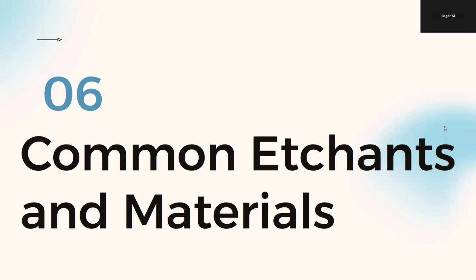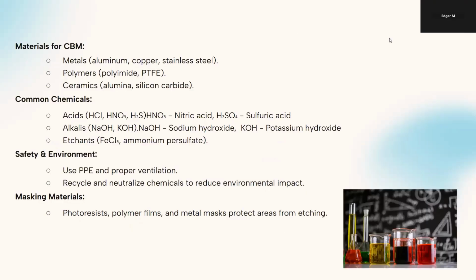Common etching materials. The materials are aluminum, copper, stainless steel, polymer, polyamide, ceramics, silicon, and carbide. Common chemicals: acids such as nitric acid and sulfuric acid, alkalis such as sodium hydroxide and potassium hydroxide, and etchants such as ammonium persulfate.